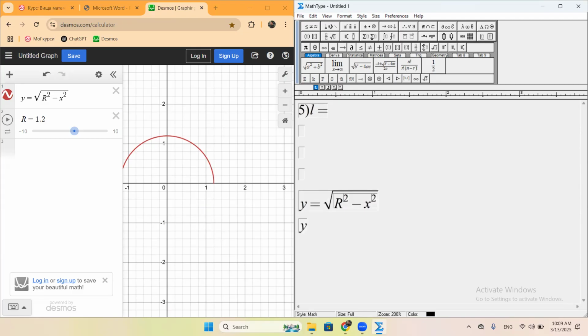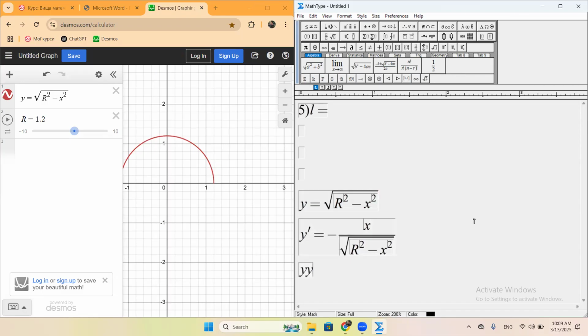Then y prime equals minus x over this expression. Here it was 2 in the numerator and in the denominator, and I just canceled it.